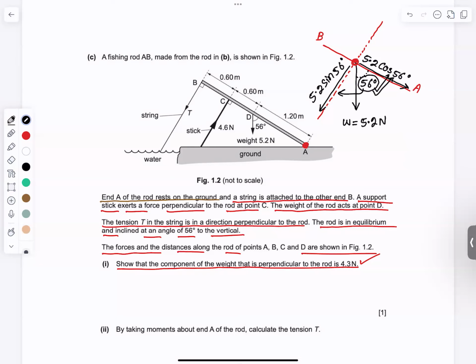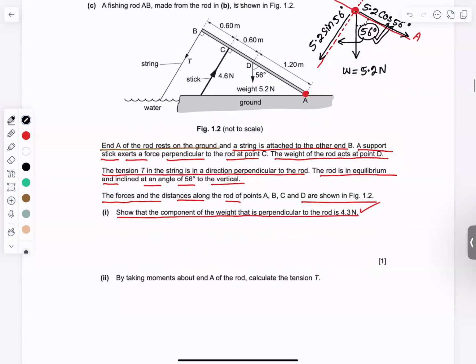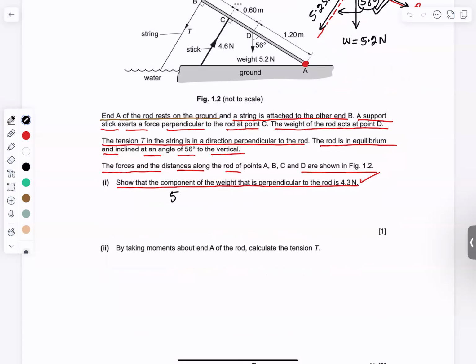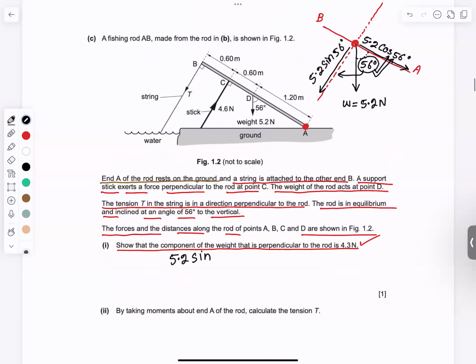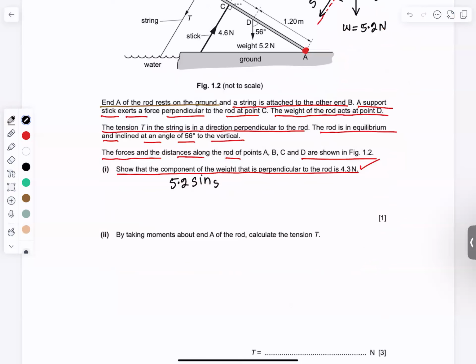So they are asking about the perpendicular one. So it's 5.2 sine of 56. If we use the calculator, 5.2 into sine of 56, the calculator should be in degrees.